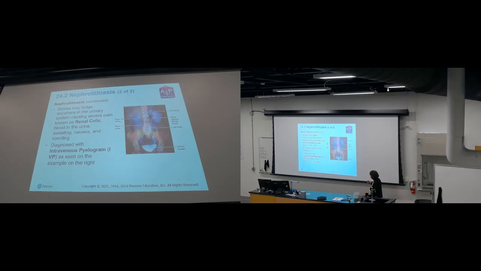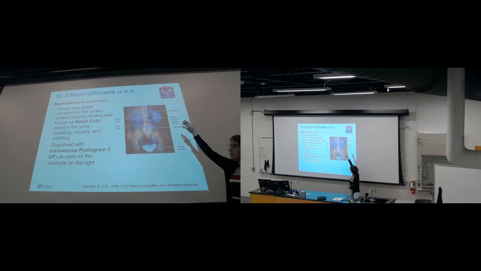So when someone has a kidney stone, sometimes they will have severe pain that is known as renal colic, and then the person may have blood in the urine if it damages the epithelium and leads to bleeding. And then the person will have sweating, nausea, and vomiting. The diagnosis is by doing what is called an intravenous pyelogram, or IVP.